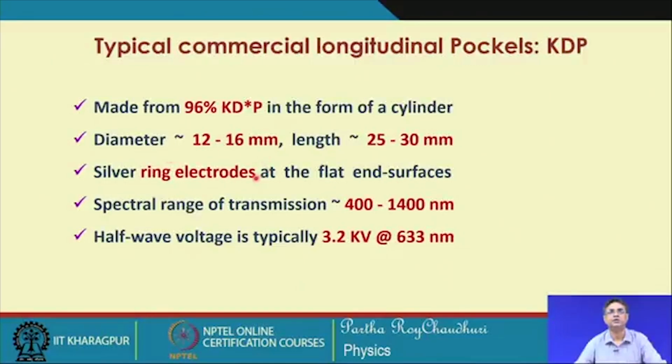You have silver ring electrodes at the flat surfaces, and the spectral range is within 400 to 1400 nanometers. The half wave voltage is typically 3.2 kilovolts at the helium neon laser wavelength. These are the specifications for a commercially available KDP crystal modulator, and this is a very effective way of doing modulation by putting in this optical bias.